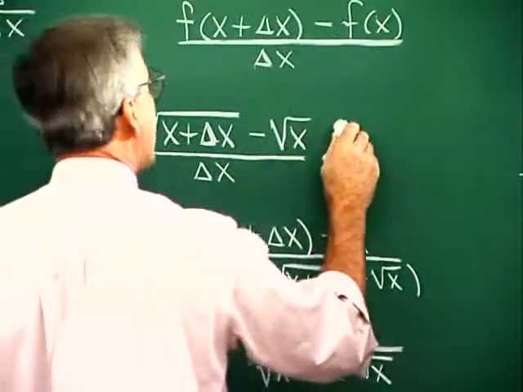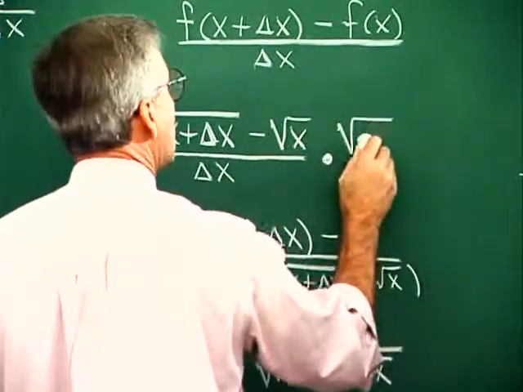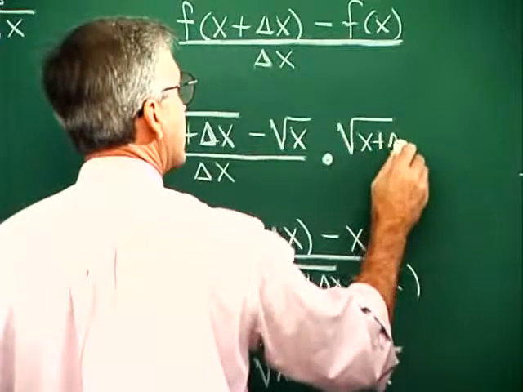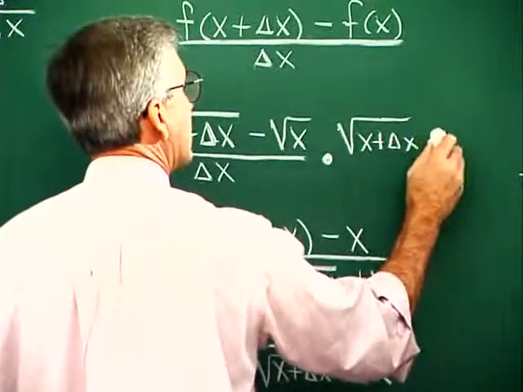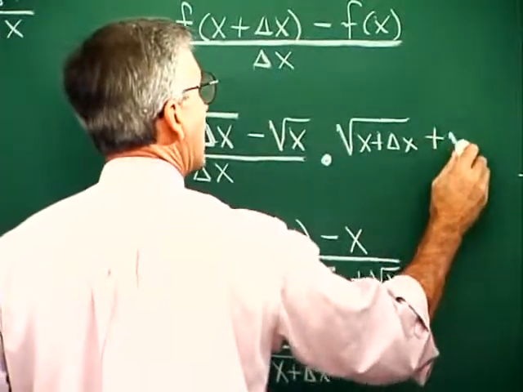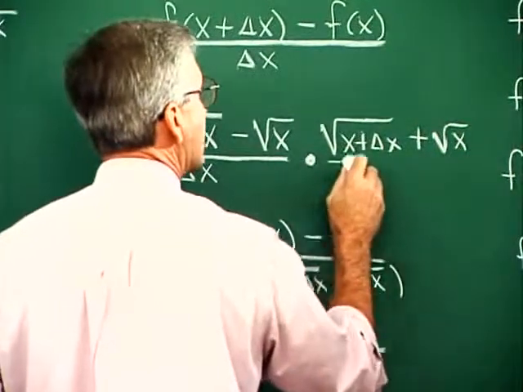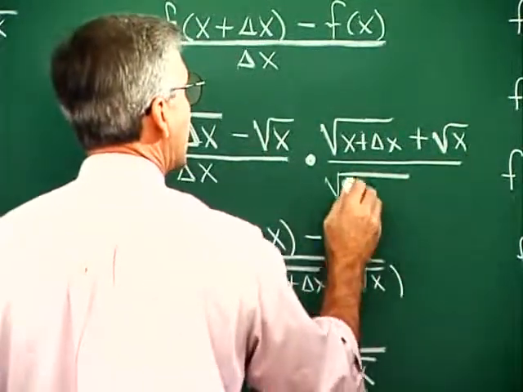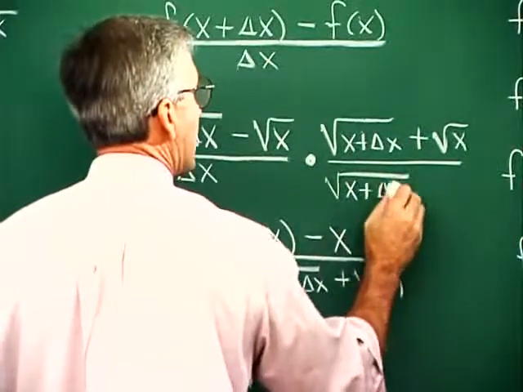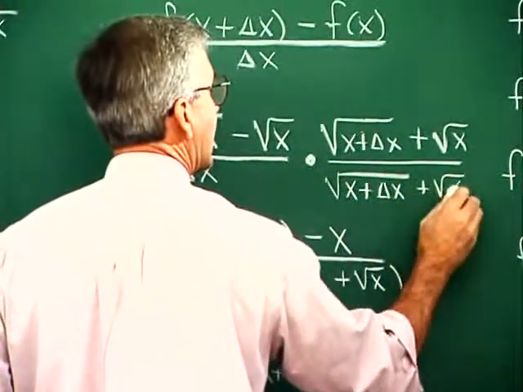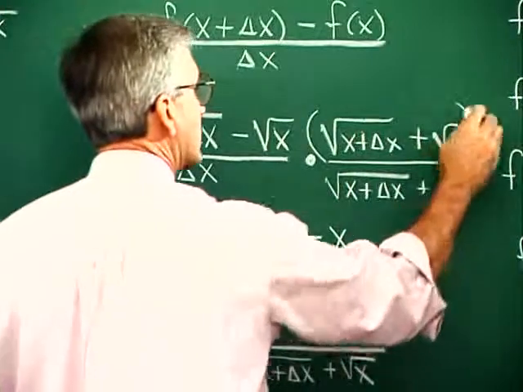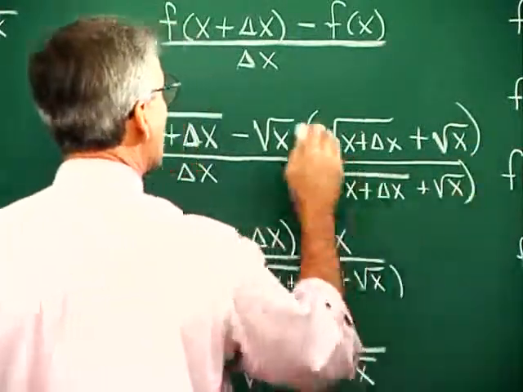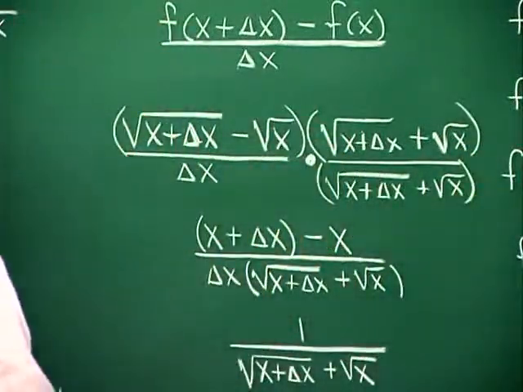So we're going to multiply by the square root of x plus delta x plus the square root of x, and then the same amount in the denominator, square root of x plus delta x plus the square root of x. And parentheses all around the binomials will help make sense of the multiplication.